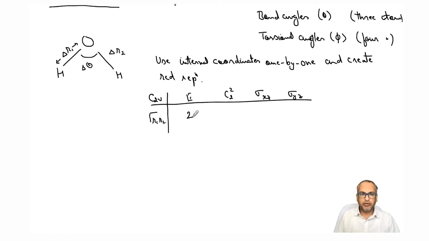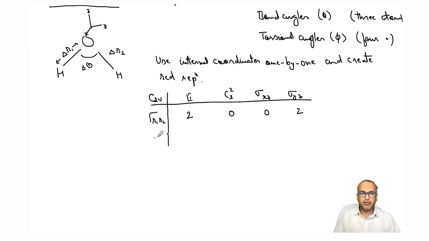So E will have 2, C2Z will be 0 because both the bonds are getting replaced with one another. Sigma XZ, again the bonds are getting reflected. So remember that this is my X, Y, and Z. So my XZ is perpendicular to the plane of the board. So this is 0. Sigma YZ, both the bonds stay where they are, right?